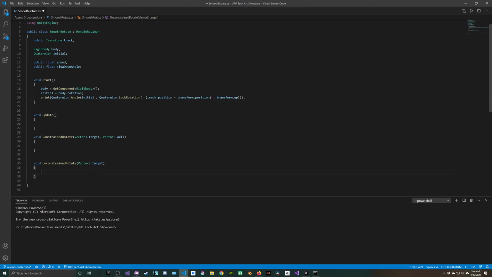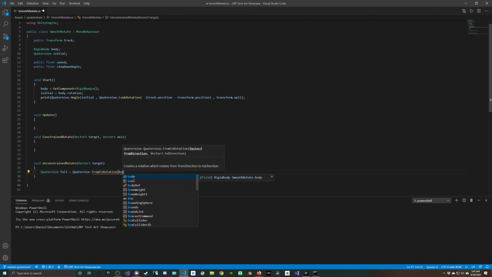So instead, what we're going to use is Quaternion.FromToRotation. This takes a vector 3 that points in one direction and a vector 3 that points to another direction. Again, gives you the quaternion that rotates you from one to the other. So our first one is just going to be our current rotation.